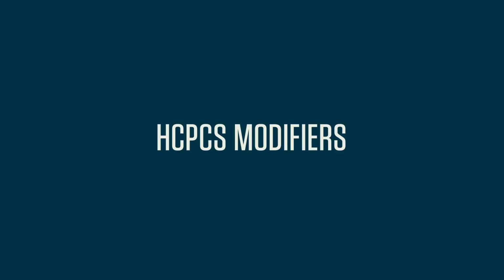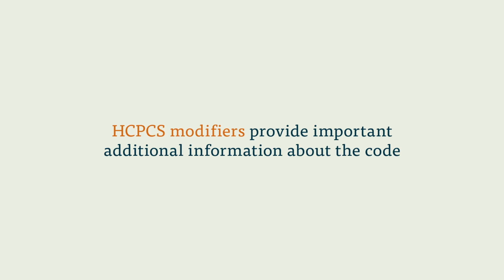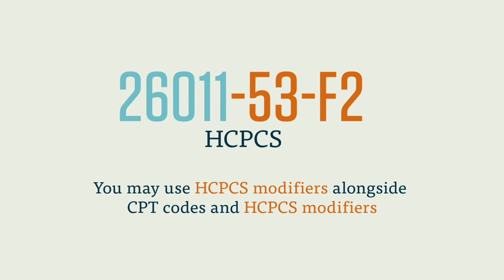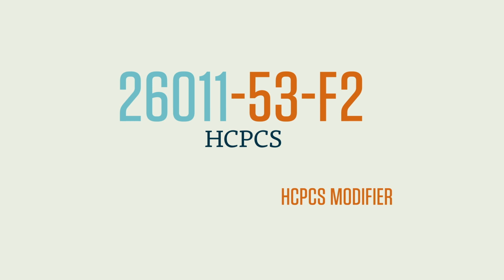HCPCS modifiers. Like CPT, HCPCS has a set of 2-character modifiers that provide important additional information about the code. These modifiers are added to the end of either CPT or HCPCS Level 2 codes with a hyphen. You may use HCPCS modifiers alongside CPT codes and CPT modifiers. You can tell whether a modifier is a HCPCS or a CPT modifier quite easily.